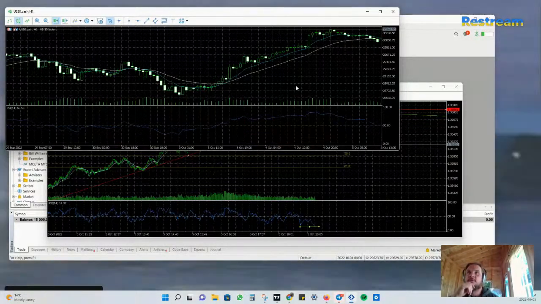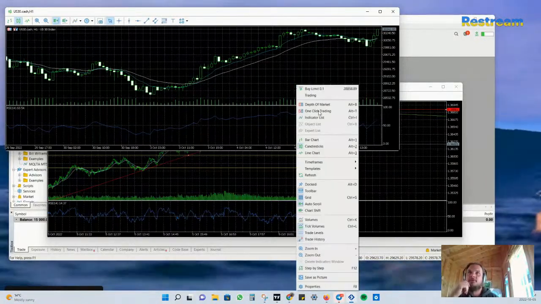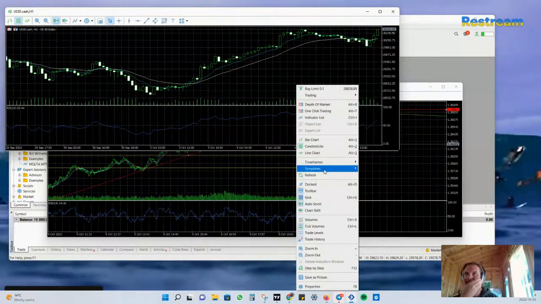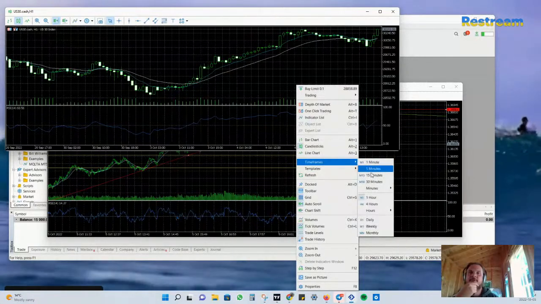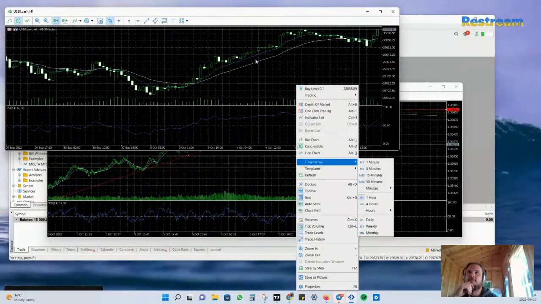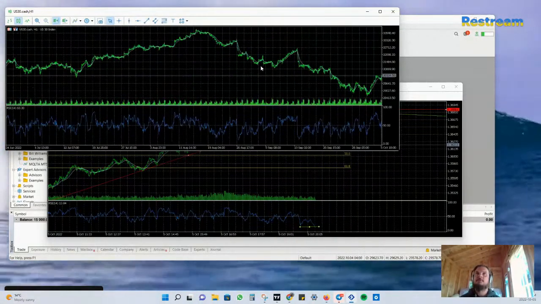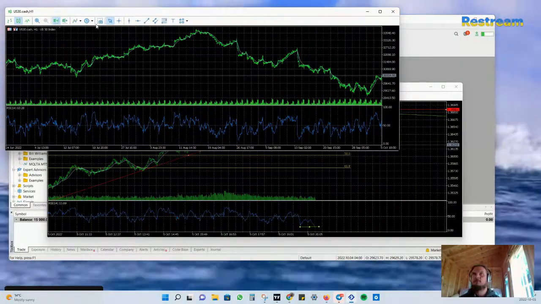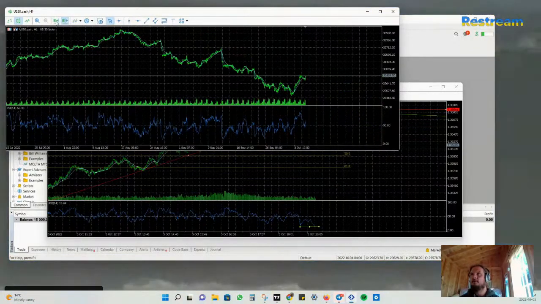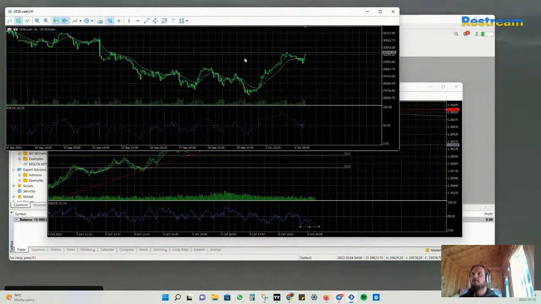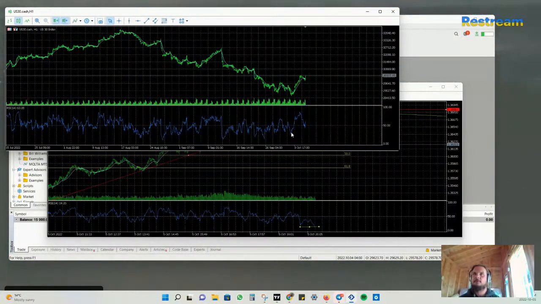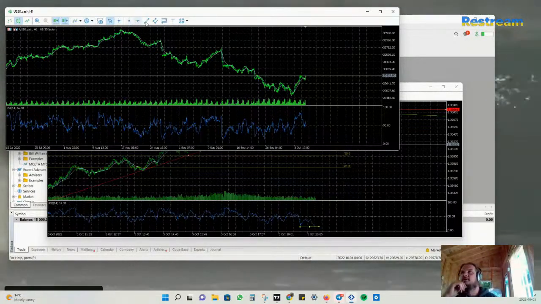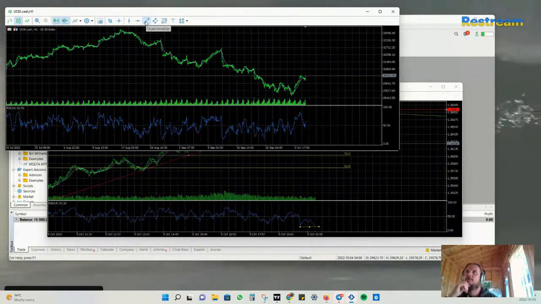What's US 30 doing? If the dollar's dumping, US 30's likely pumping. Breaking out here of a downtrend possibly on the 1 hour.